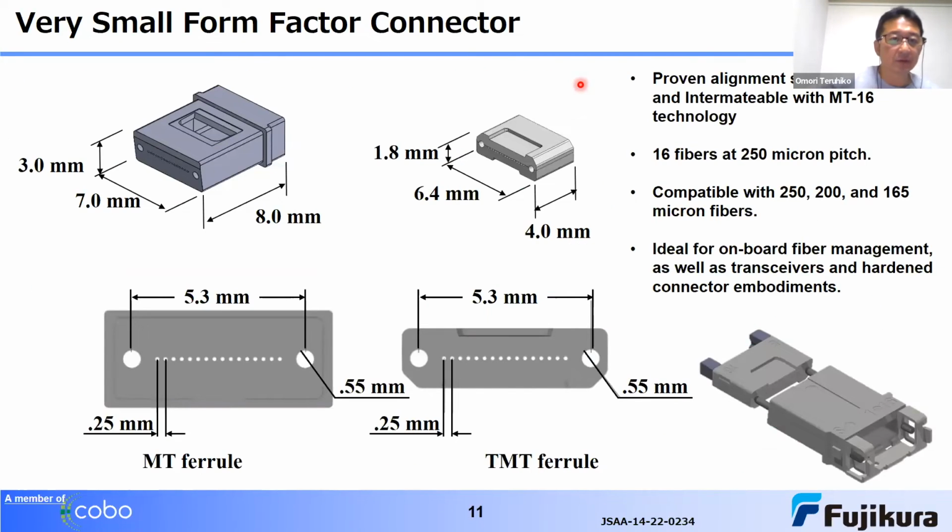Next, I will talk about more detail of the MT ferrule. This is a conventional MT ferrule, and this is a tiny MT ferrule. So thickness, length, and height is approximately a half.